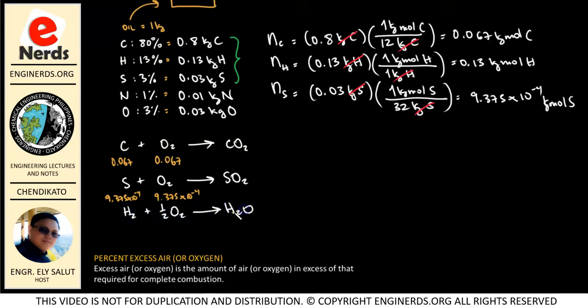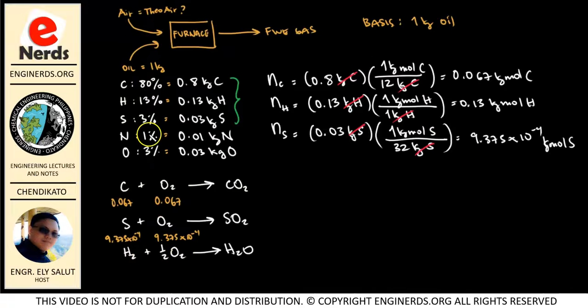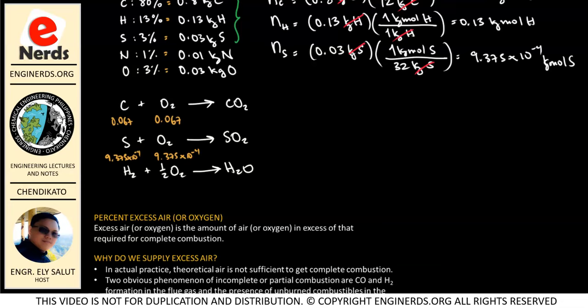But here, our H2 is in gaseous form, because it is written as H2. However, the analysis of our fuel is in elemental form, so we have here H. I'm just going to write this so it's not too hard to remember, but I want you to use this in order to calculate our problems easily.